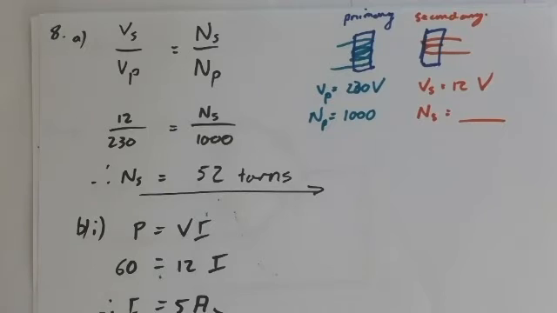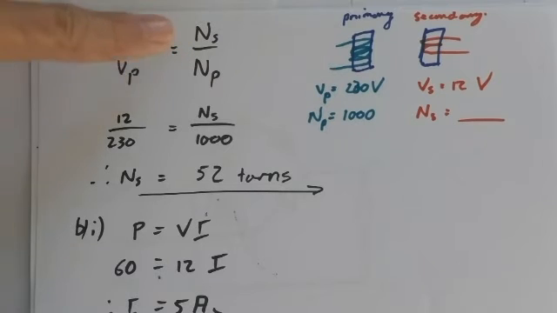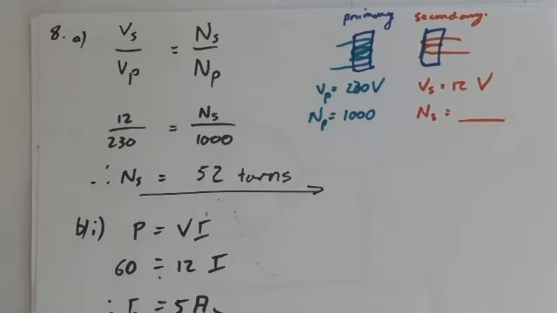So very simple, we can work with this ratio: the potential difference over the secondary coil over the potential difference in the primary coil is equal to the number of turns in the secondary coil over the number of turns in the primary coil.